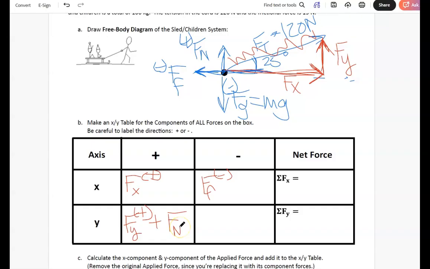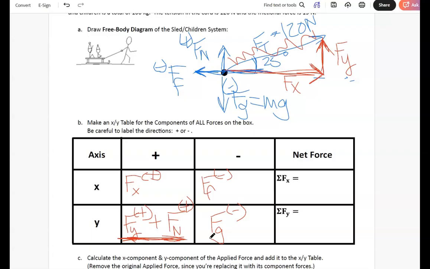Now, the normal force does not have to be as big as it usually is. The normal force is not balancing the weight force by itself, because now there are two forces balancing the weight force: the Y component of the tension and the normal force. But we have this weight force, and all three of these are in the vertical direction, either up or down.